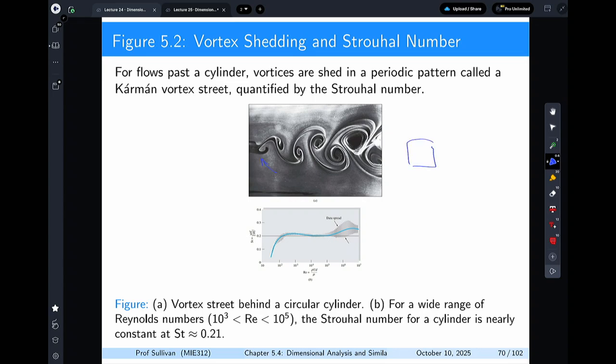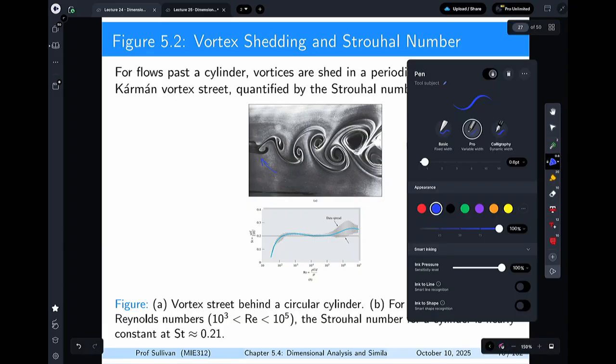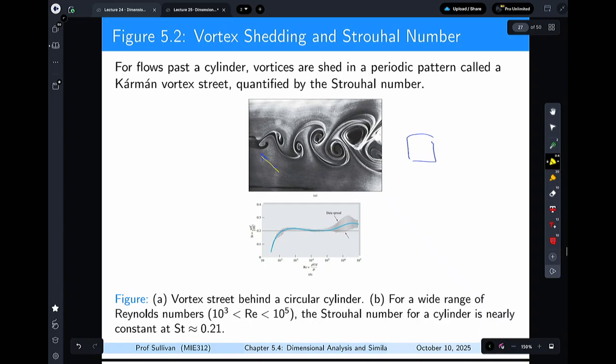You have shedding that comes off. If you've ever been on a dock and watched the flow go past one of the legs of the dock, you'll have seen this phenomenon. Oh, this is a circular cylinder, sorry.